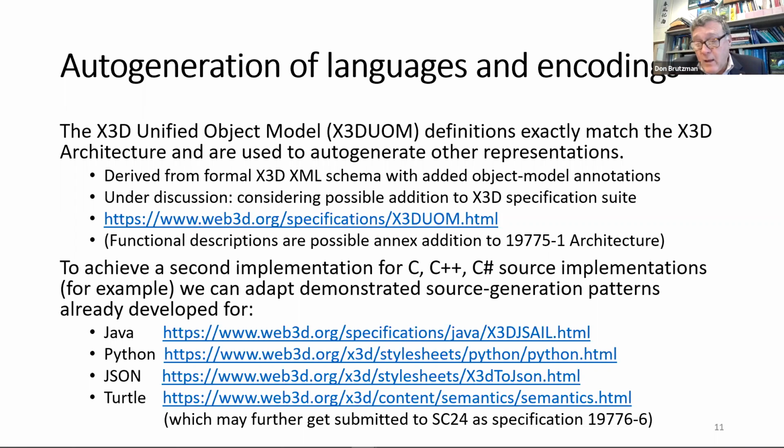So we get validation, we get consistency, we get second implementations in multiple directions that can help us stay all on the same page. There are some links here. There's some more description later in the talk, but we're adding all these things. We're excited that C, C++, C# are on the brink of active improvement now. We have an initial implementation and documents from our partners in Korea, and we're keen to keep building out on that.